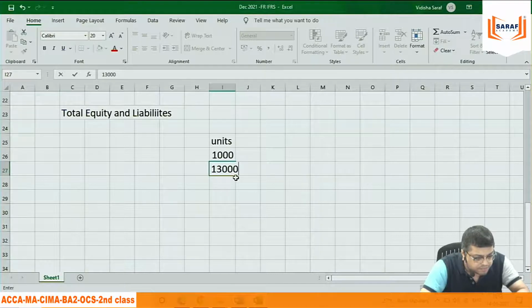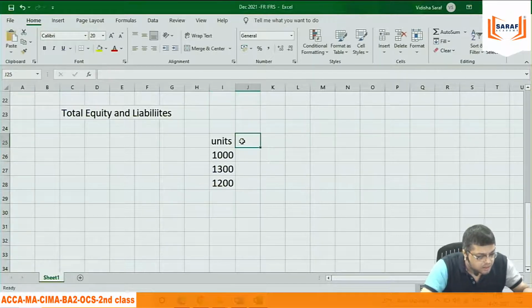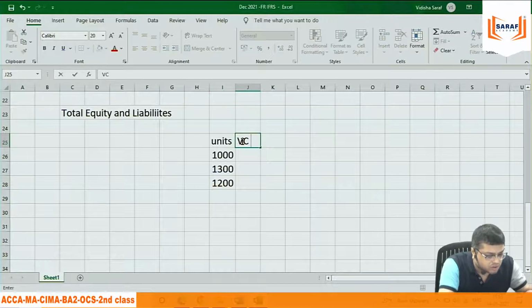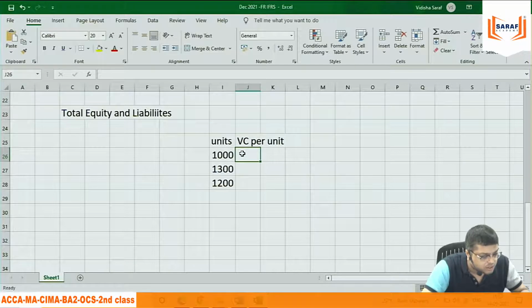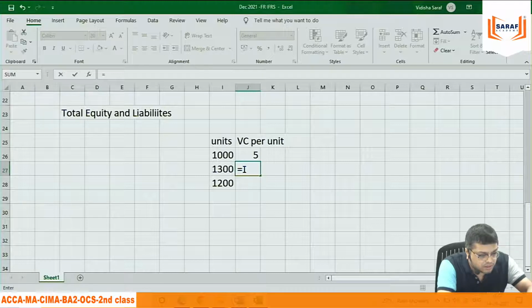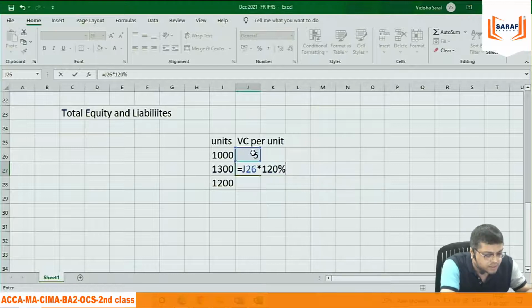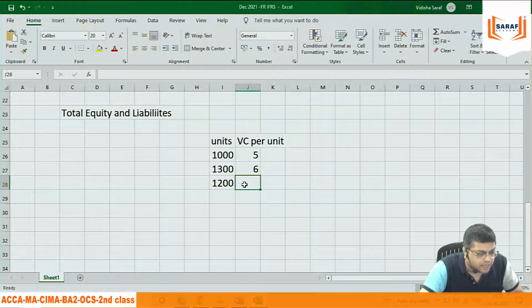1300, 1200. Variable cost per unit, say it is here 5. Here this into 120%. Automatically it will come. I don't have to do anything.